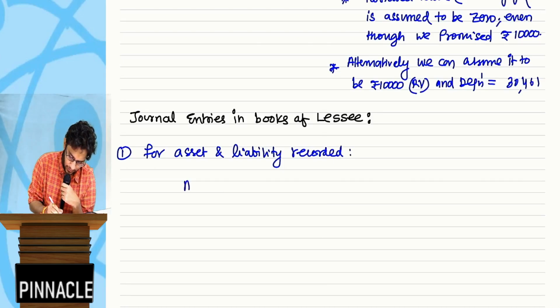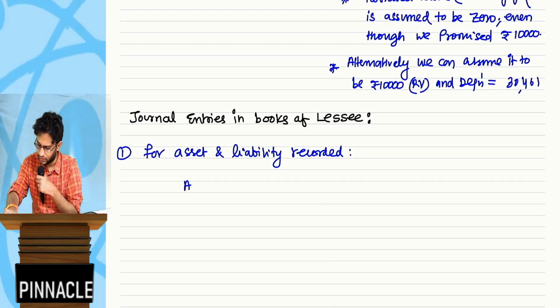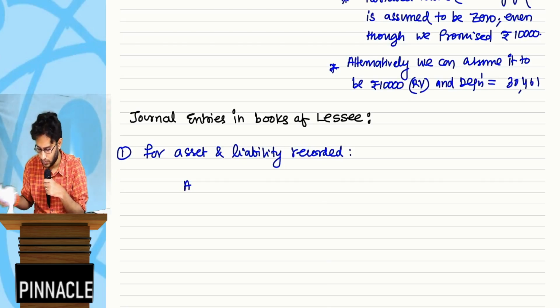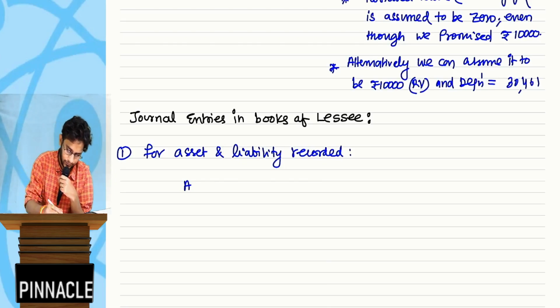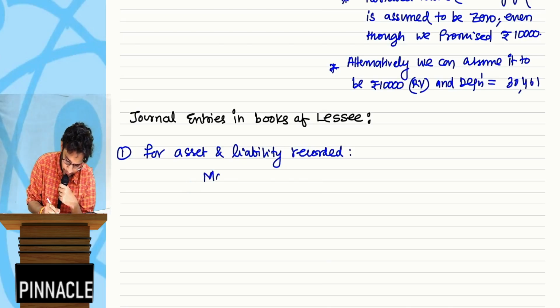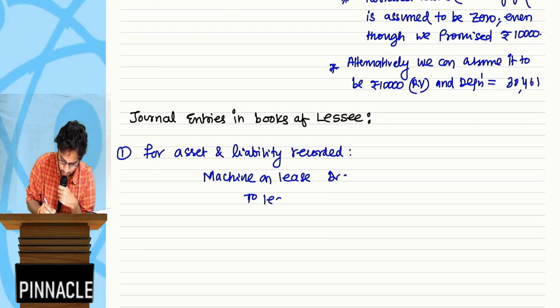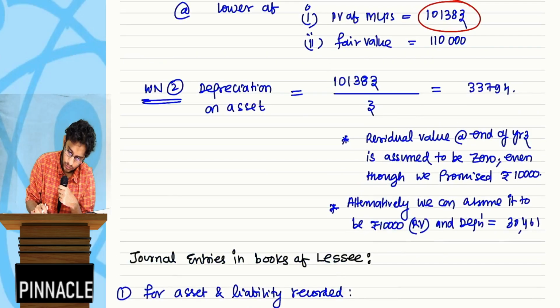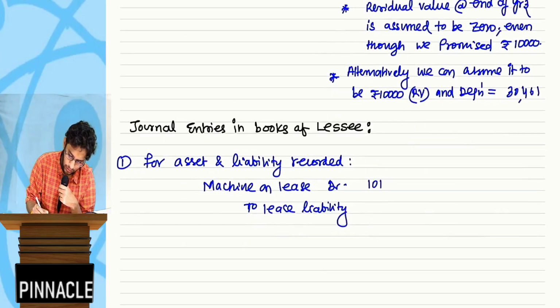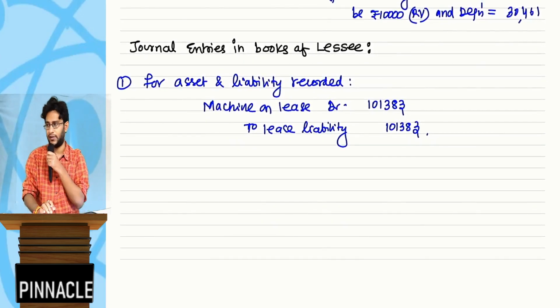The entry for this will be, he bought a building. What is that? Machinery. Machine on lease account debit to lease liability 101,383. This is first day entry, sir.